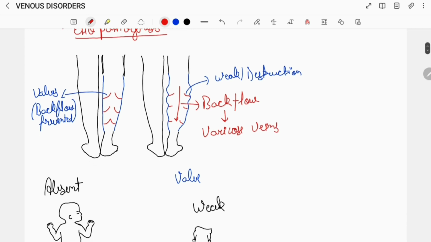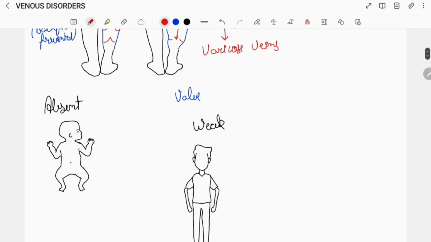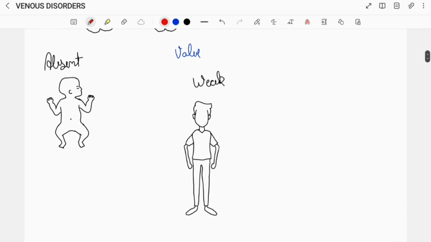Now, if I talk about the etiology in brief, what happens to the valves? They can either be absent due to some congenital cause. They may become weak. The most common cause for being weak is prolonged standing.